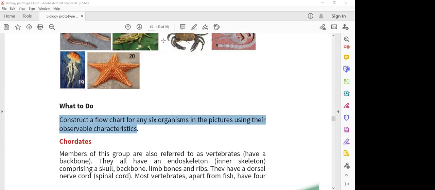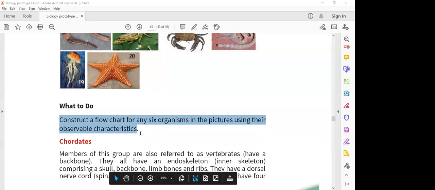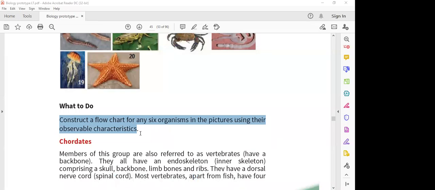Then later I can look at the nature of legs. I can look at whether they possess wings. Those are features basing on their observable characteristics, what you can see from the picture, that this is what they possess. Then you are able to make a flow chart where you identify all of them.